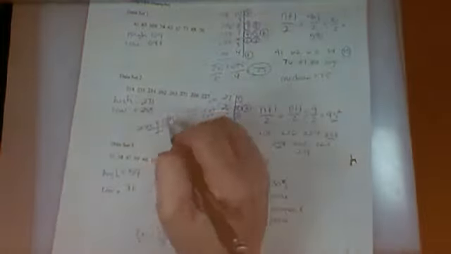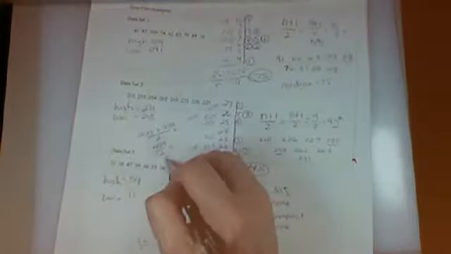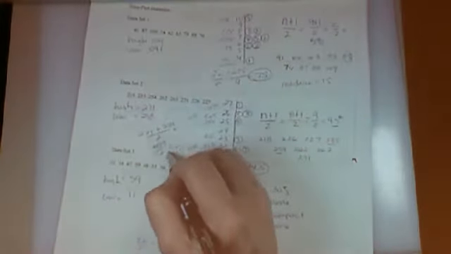It's 489 divided by 2, which is 244.5. That's our median. Now it's not in the data set, but half the data is below 244.5 and half the data is above 244.5. You see, it's right in the middle.